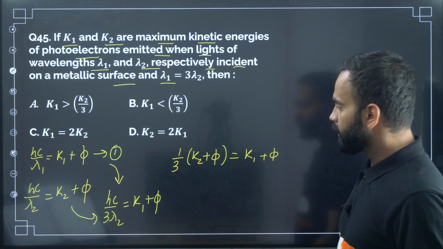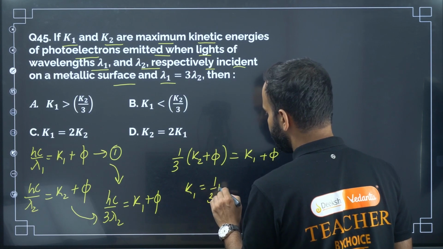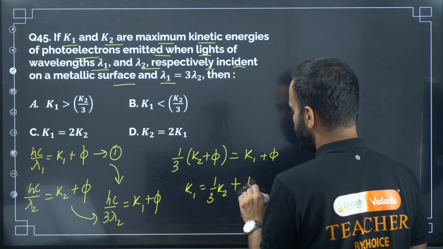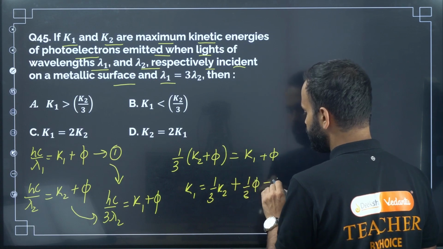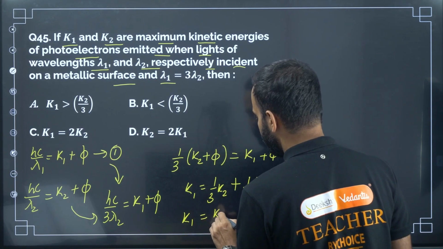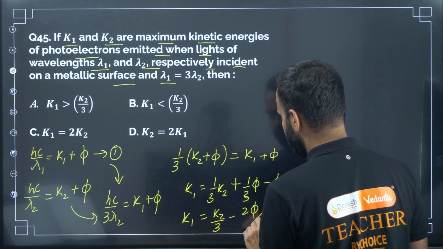Now take phi to the other side. K1 is equal to 1 by 3 K2 plus 1 by 3 phi minus phi. So K1 is equal to K2 divided by 3 minus 2 phi by 3.